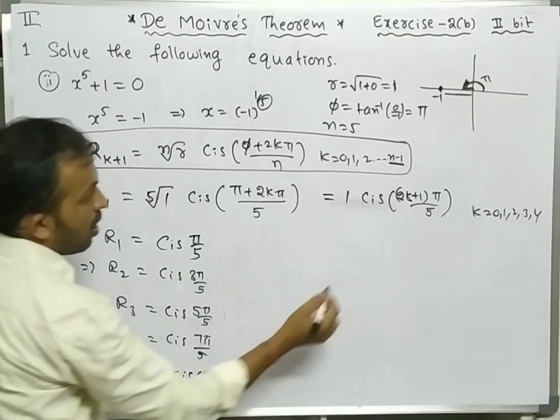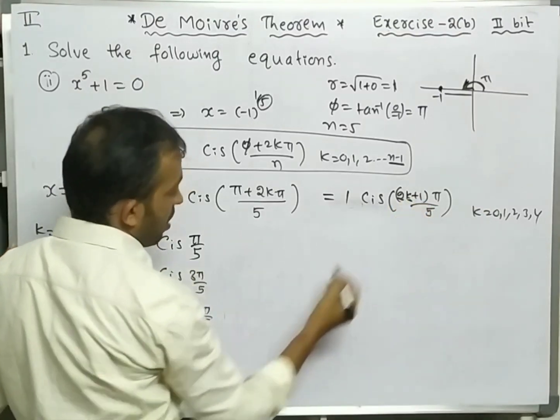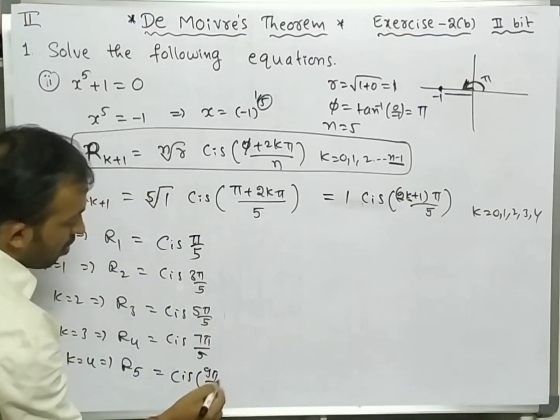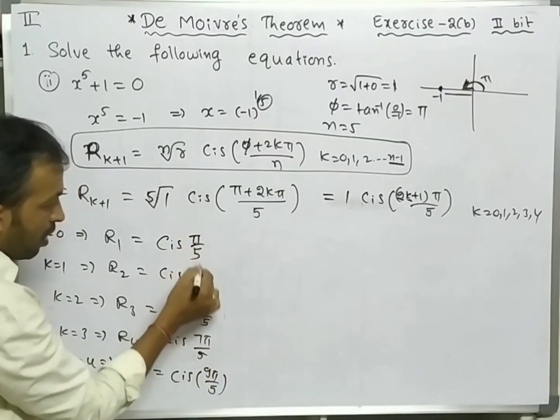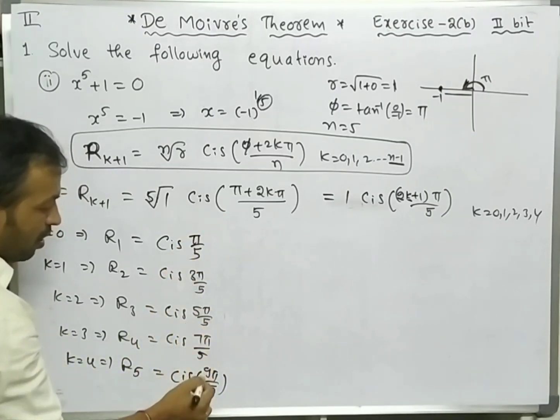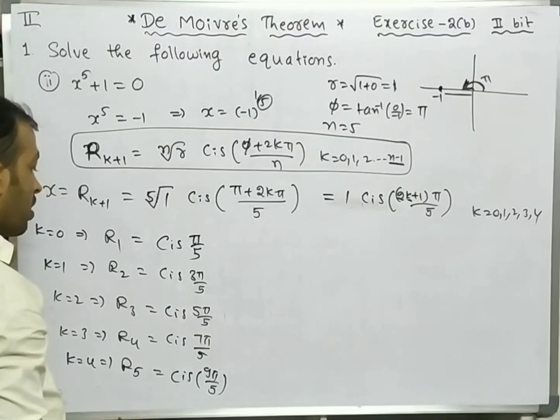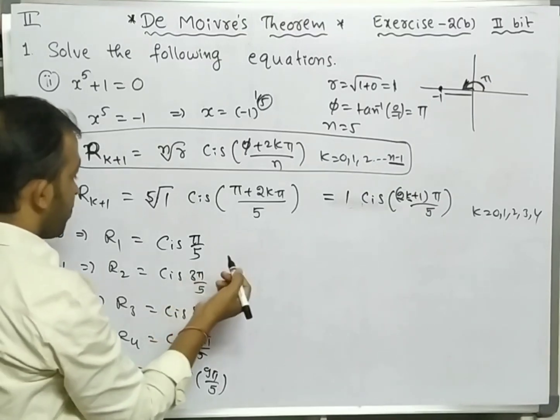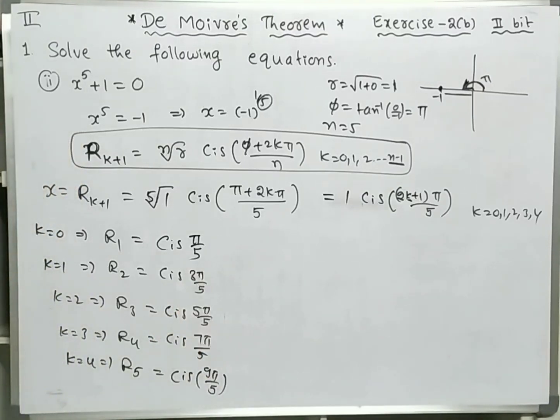So cis of 9 pi by 5, since 4 times 2 is 8, plus 1 is 9. These are the odd multiples of pi by 5: 1, 3, 5, 7, 9. So these are the 5 roots of x power 5 plus 1 is equal to 0.